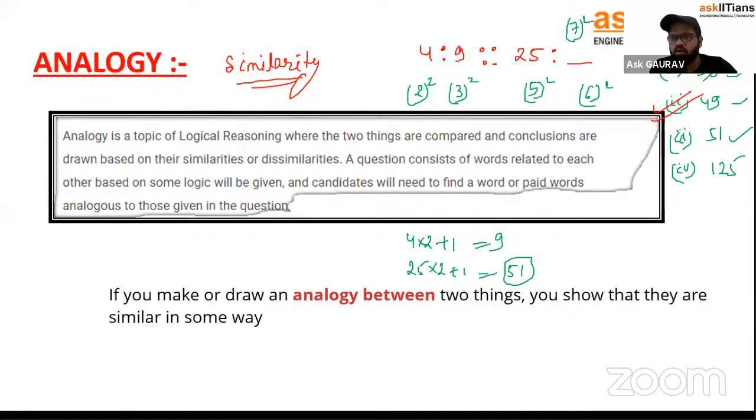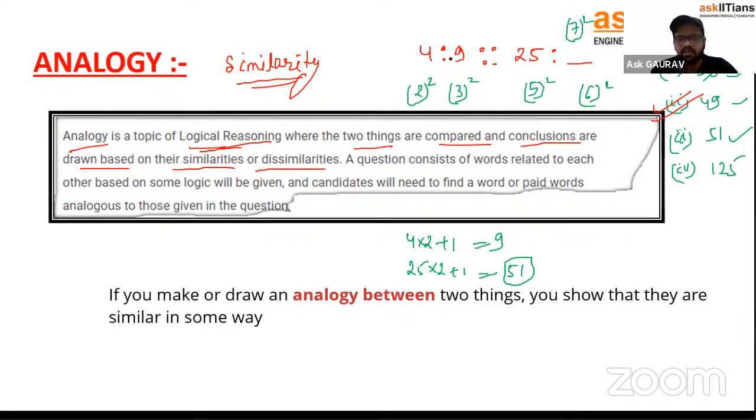Analogy is something where a similar pattern is there. You are given some similar pattern and you have to identify the same pattern in the questions. Is that clear? So let's study the definition. Analogy is a topic of logical reasoning where two things are compared and conclusions are drawn based on their similarity or dissimilarity.